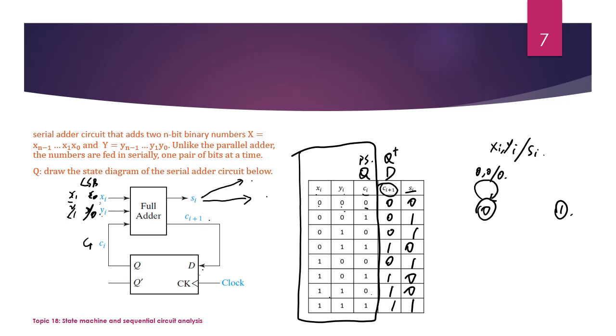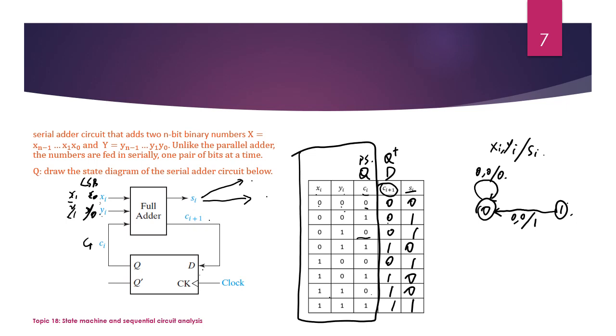If the present state is 1 and xi, yi equal 0, 0, the next state is 0, and si equals 1.